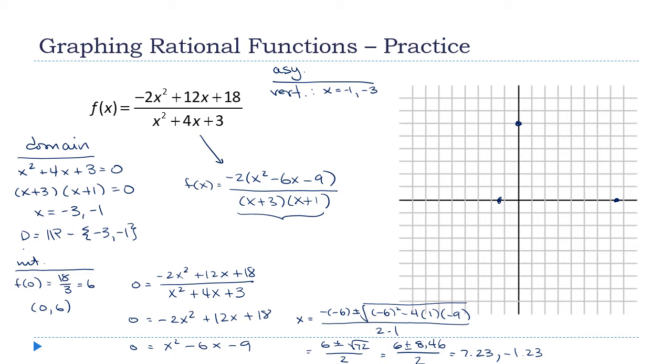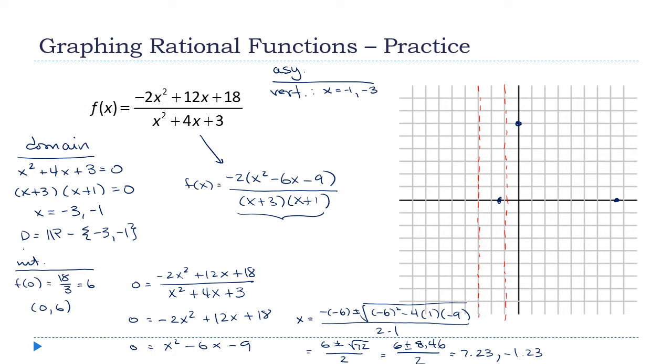I've got one at x equals -1 and another one at x equals -3. So -1, -2, -3, that's here. Okay, there's my vertical ones.